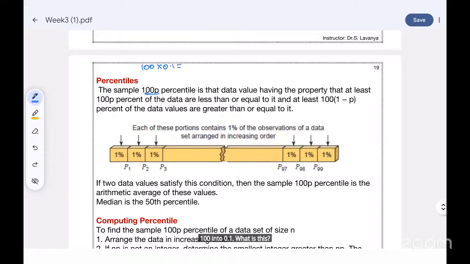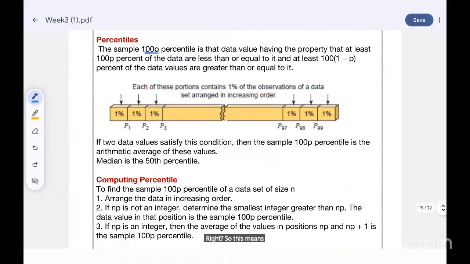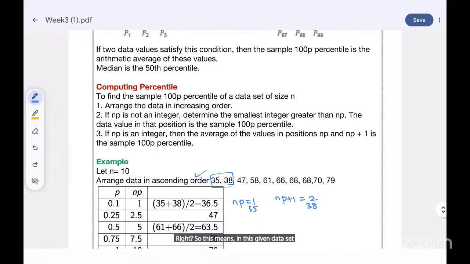10. Right? So this means in this given data set, 10% of the data is less than or equal to this 36.5. So out of 10 points, how many data values are 10%? In 10 data points, what is 10% of the data?